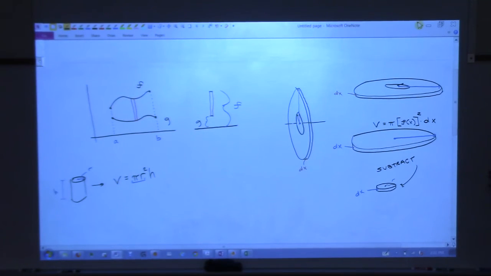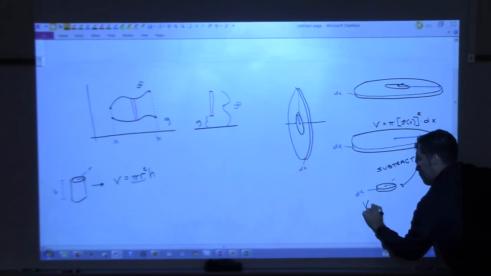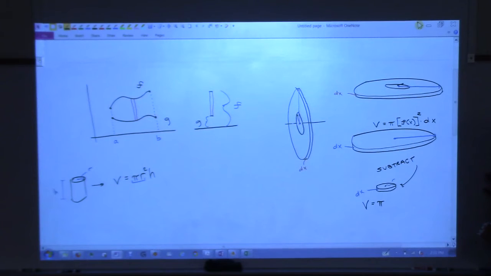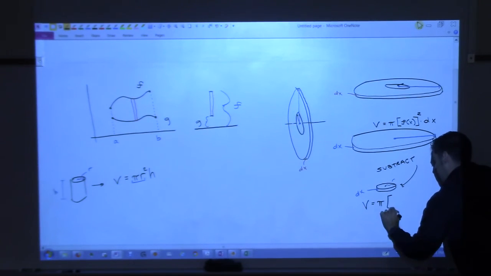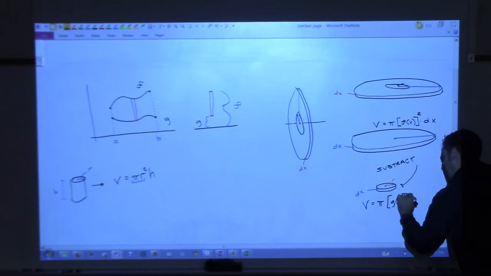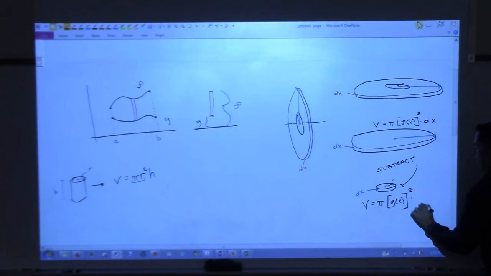That is a formula for the volume of that piece. Now, what is the formula for the volume of this piece? Pi, but the radius this time is g of x squared, and then times its height, which is dx.